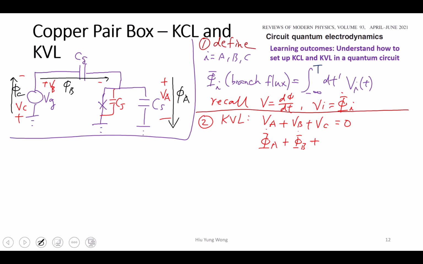What's VC based on this figure? VG. You can say the flux derivative, but because I already have VG, that is the variable we are controlling, so I just do VG.